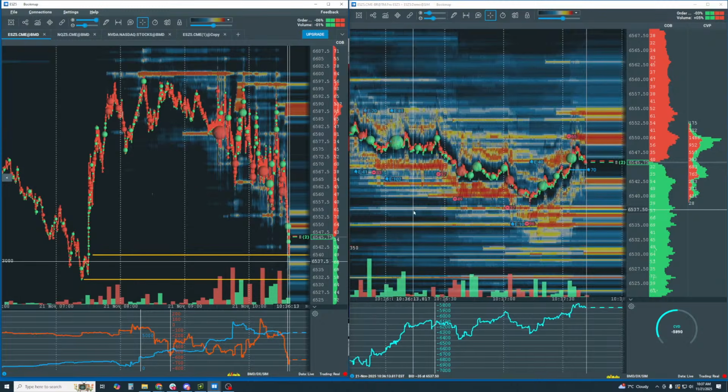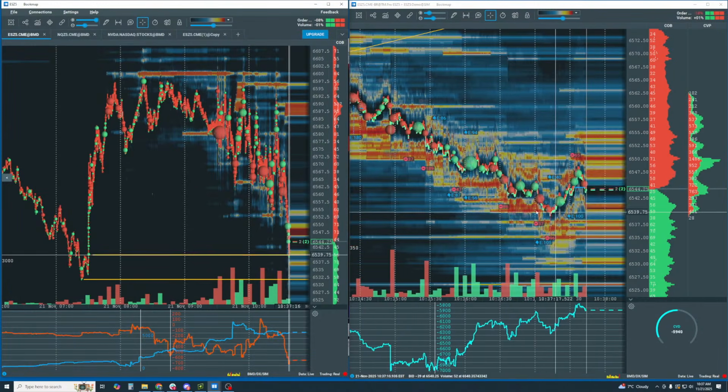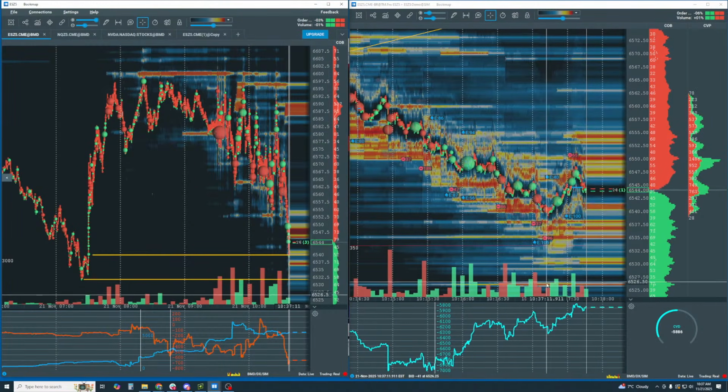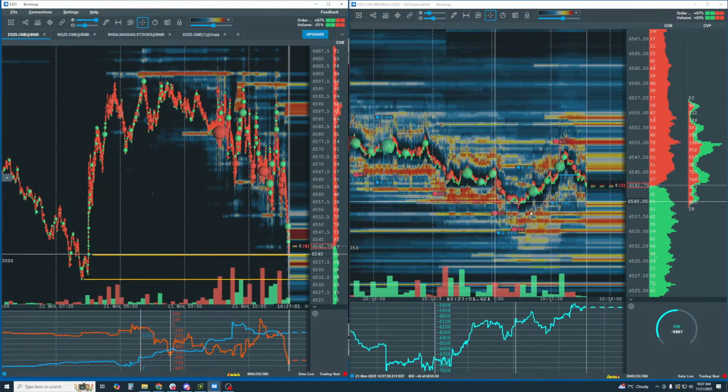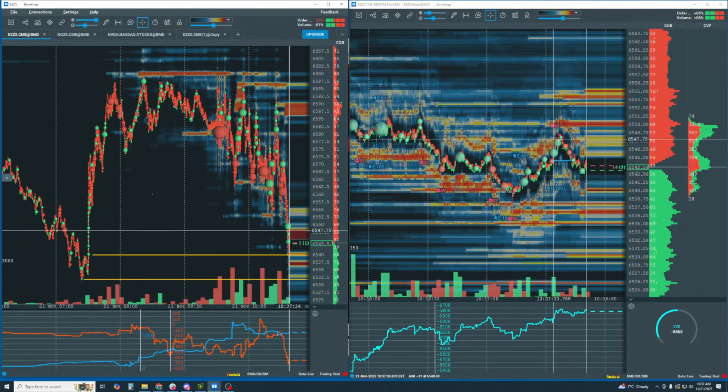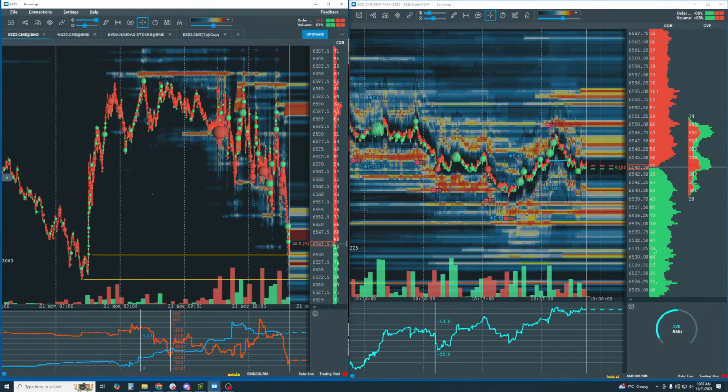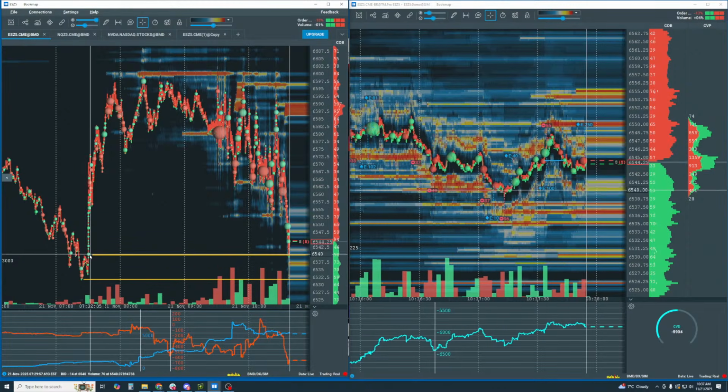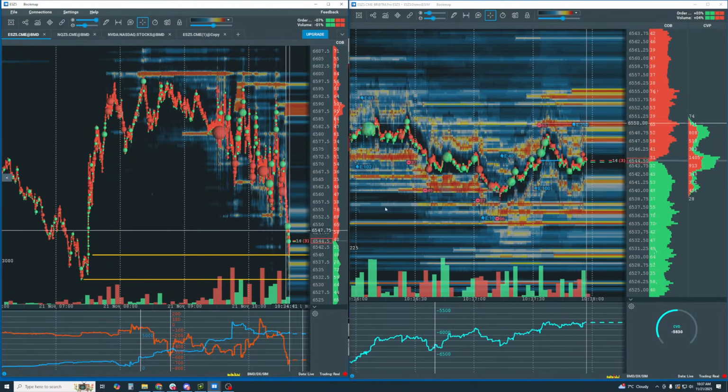Yeah, I mean, look at all this buying coming back in, and there's high liquidity that's getting filled down here. It hit our level, this is where those buyers came in earlier.